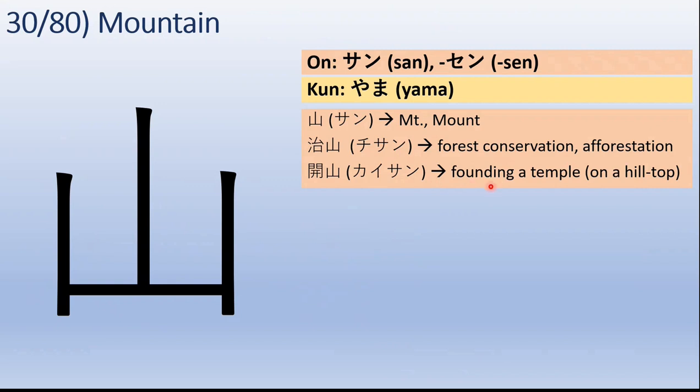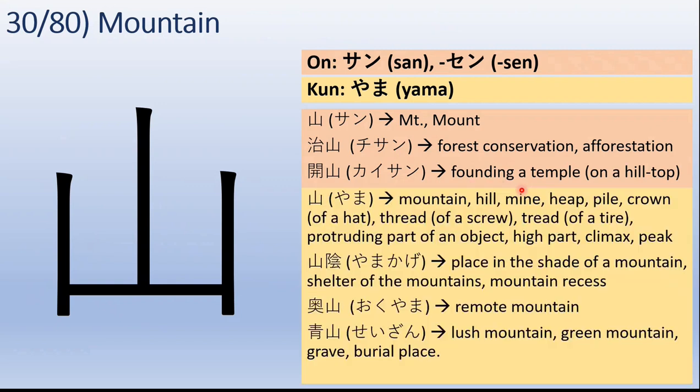We have Kaisan as founding a temple on a hilltop. In Kun'yomi, we have Yama for mountain, hill, mine, heap, pile, crown of a hat, thread of a screw, thread of a tire, protruding part of an object, or high part, climax, or peak of something. Then we have Yamakage. Yamakage means a place in the shade of a mountain, shelter of the mountains or mountain races.